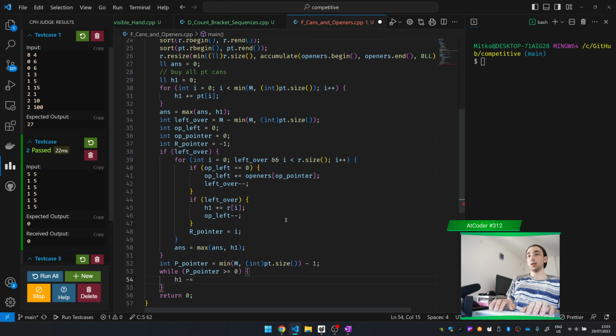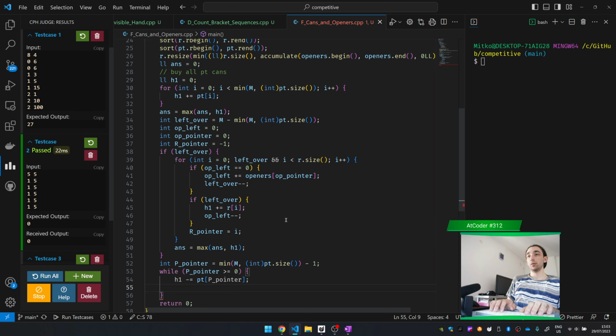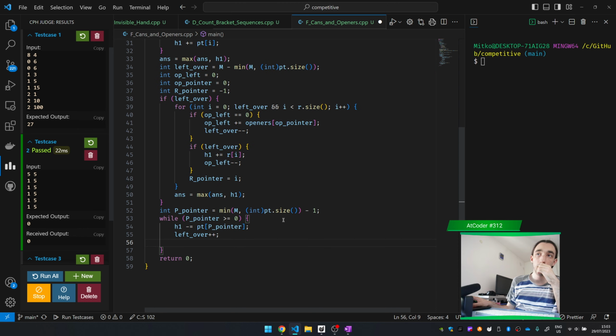So I want to unbuy pt at p pointer, get my leftover a bit more, right? But then try to go and update the r pointer.